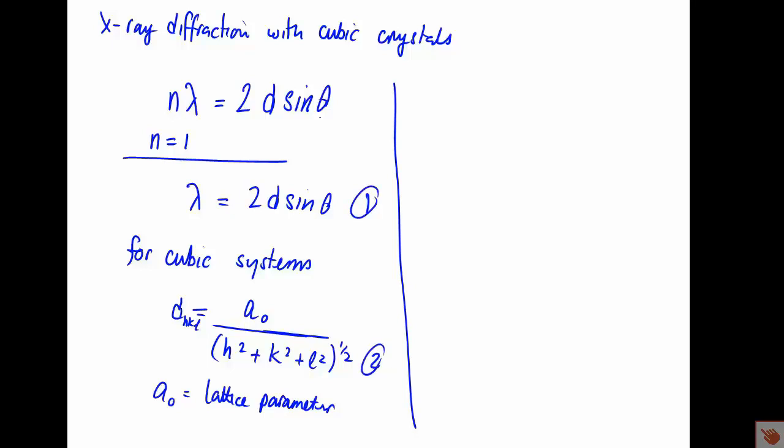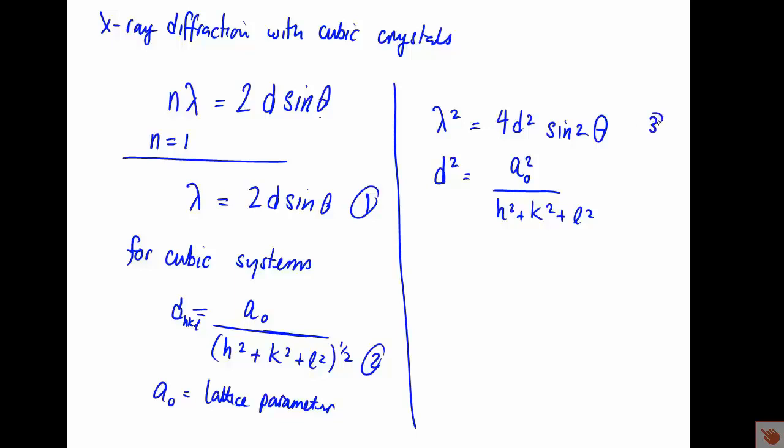Now, if we square equation 1, we get this. And let's square equation 2 as well: d squared is equal to a naught squared over h squared plus k squared plus l squared.